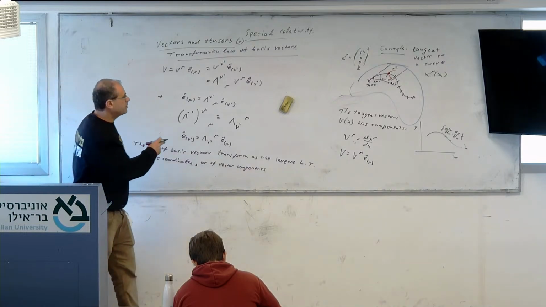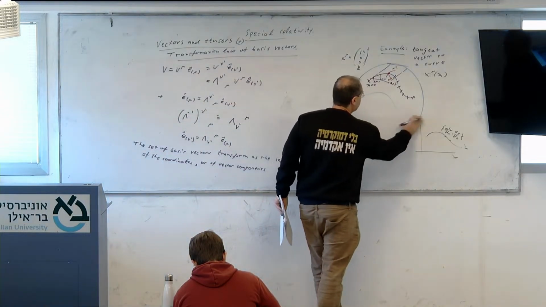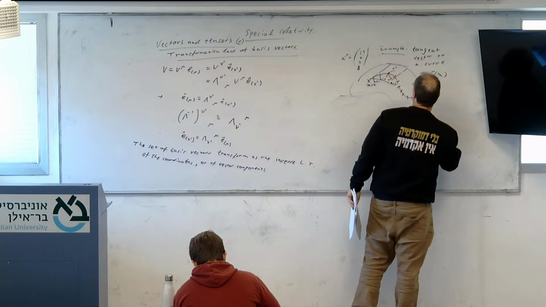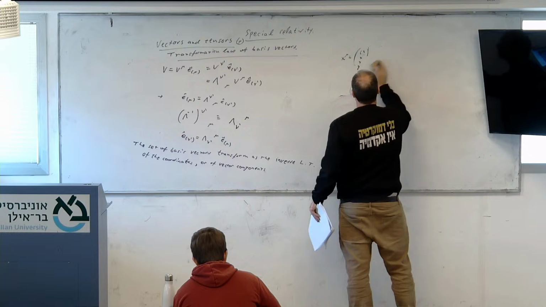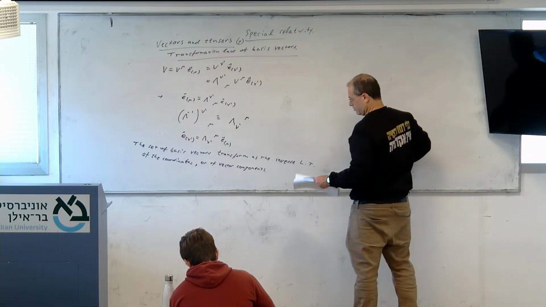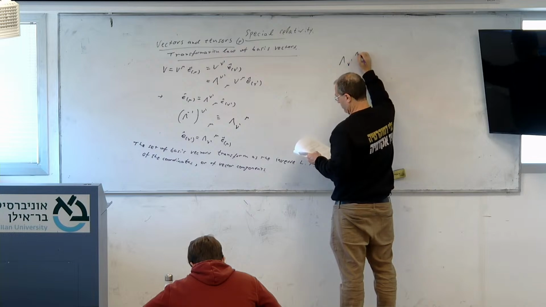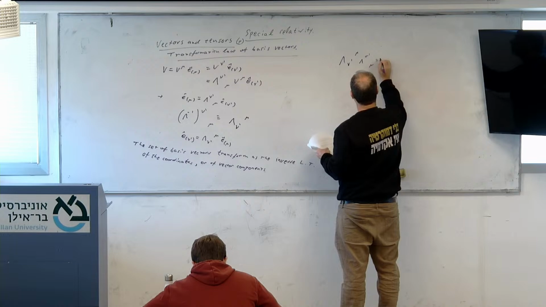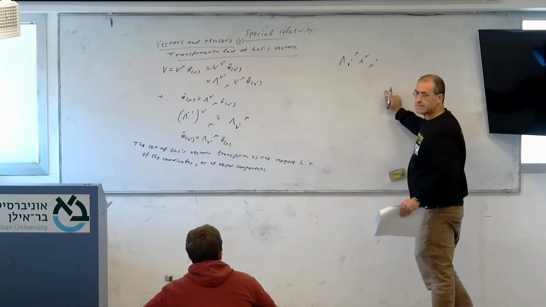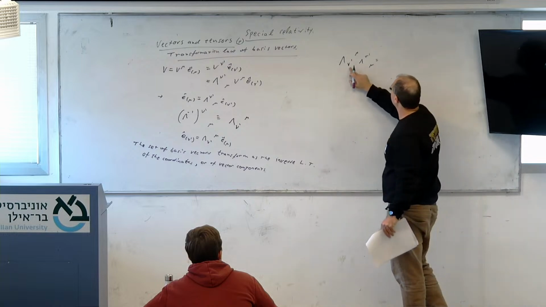Well, of course, this one we can also write in slightly simpler form. Lambda mu prime mu lambda sigma prime mu is what? It's the inverse Lorentz transformation times the Lorentz transformation.